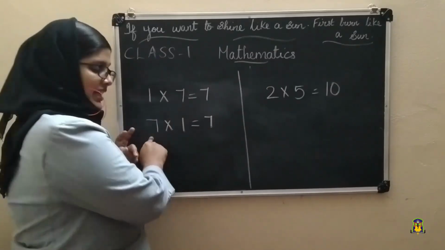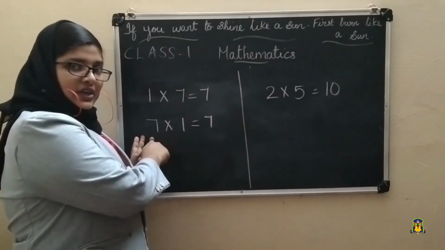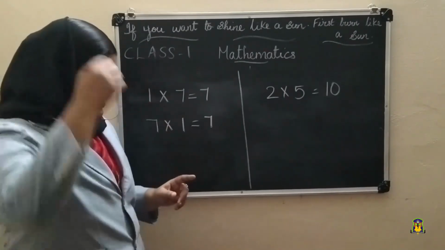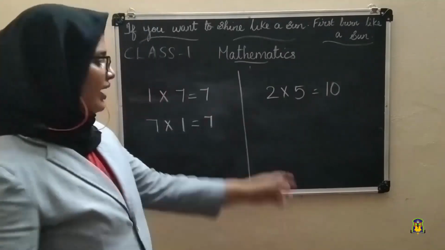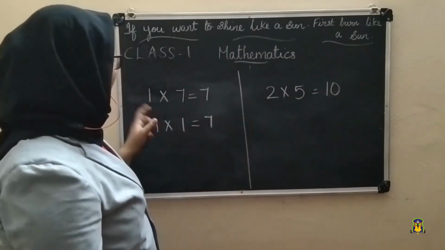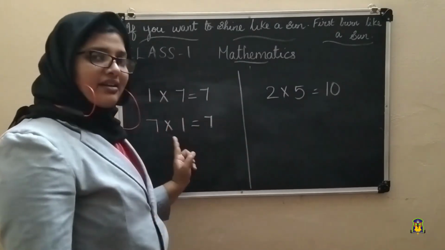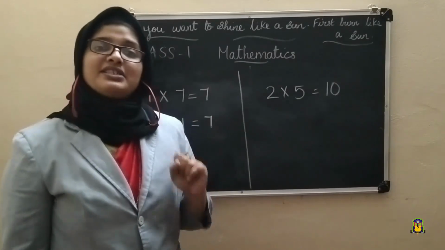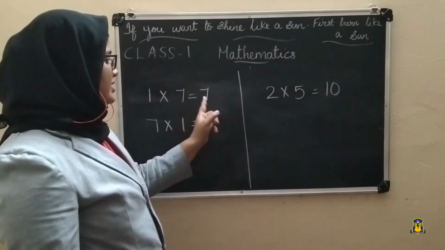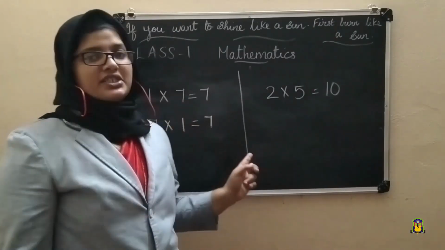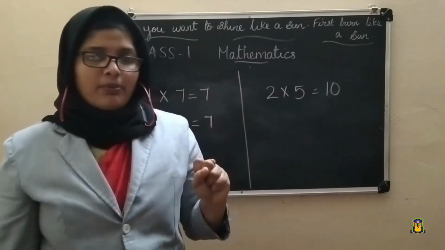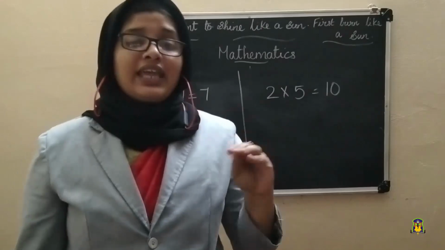This 7 comes first and 1 comes as the second number. So the answer is the same. We can interchange the numbers and the answer will be the same. 1 into 7 equals 7 and 7 into 1 equals 7. If the order is changed, there is no problem. We will get the same answer.